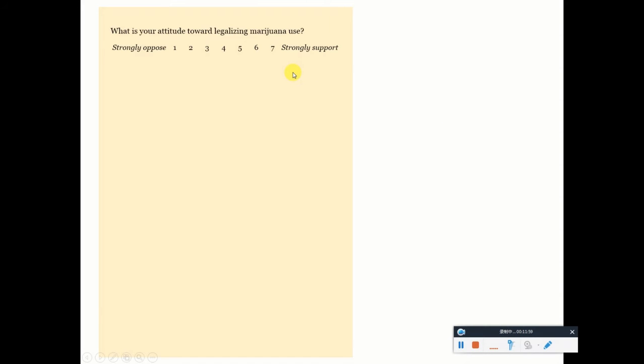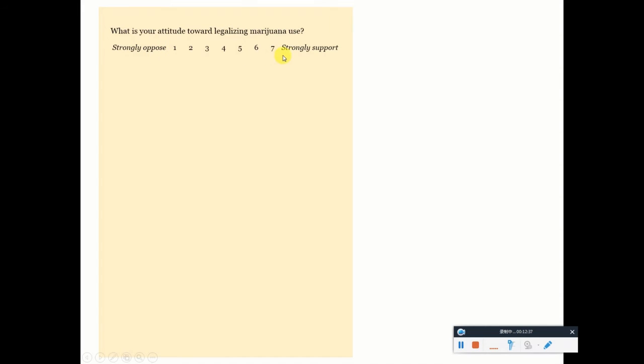For example, right, to use our favorite example, people's views on legalizing marijuana use. So you might simply ask people, hey, do you mind telling us your attitude toward this particular issue, right? So we know that this is a 7-point scale and we're treating this variable, attitude toward legalizing marijuana use, right? This is a variable because people will assign different values to this concept, okay?